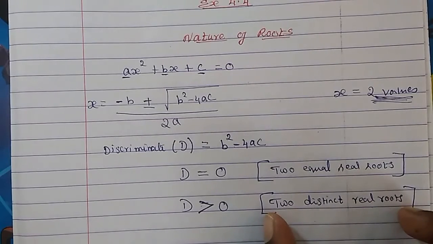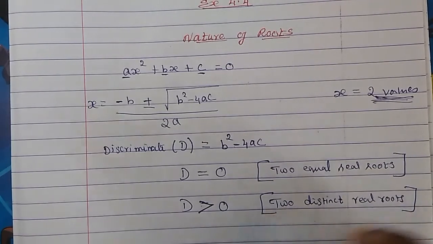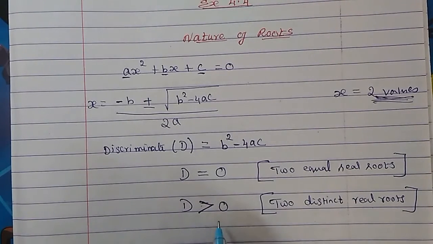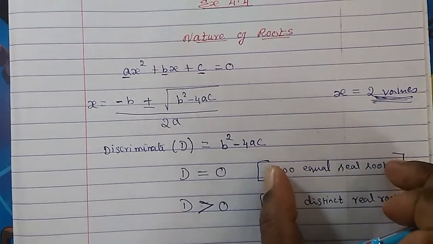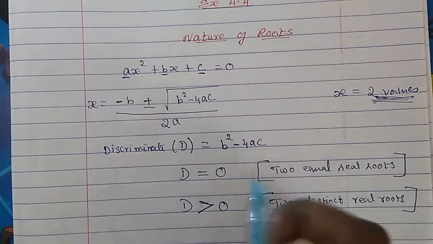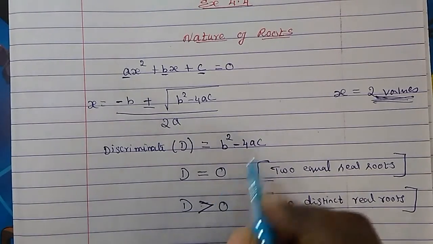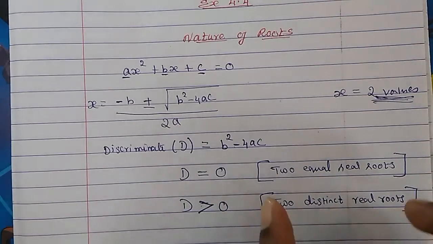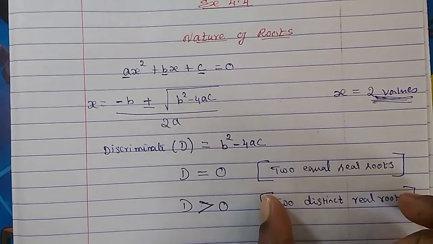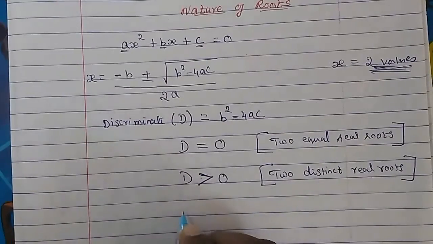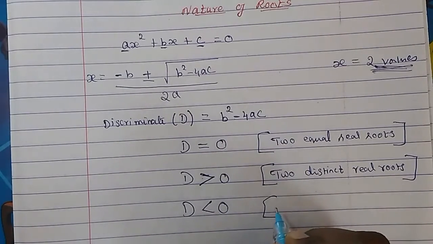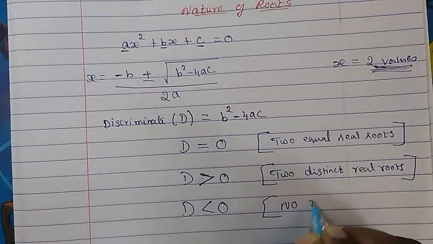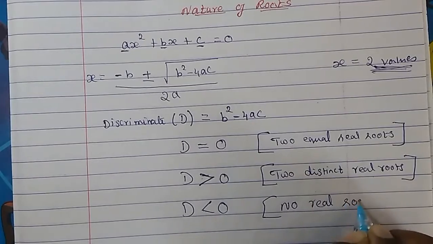When D is more than 0, you will get two different answers. When D is equal to 0, you get the same answer twice. But when D is less than 0, then you will get no real roots.